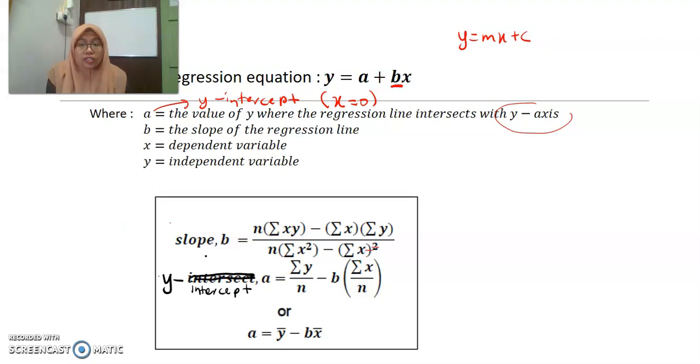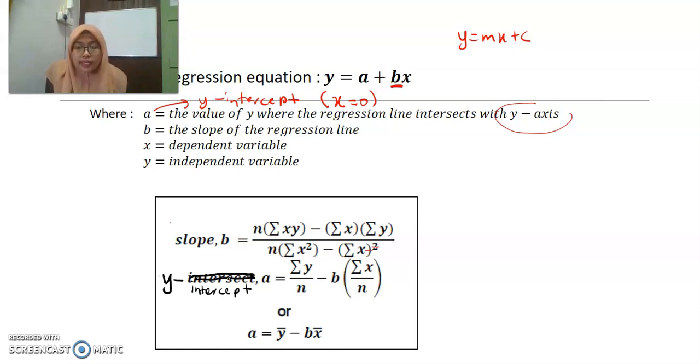To find the value of b, the slope value, we will use the least square method. So the formula of b is n multiplied with total xy minus total x multiplied with total y divided by n multiplied with total x square minus total x, you square the total x.